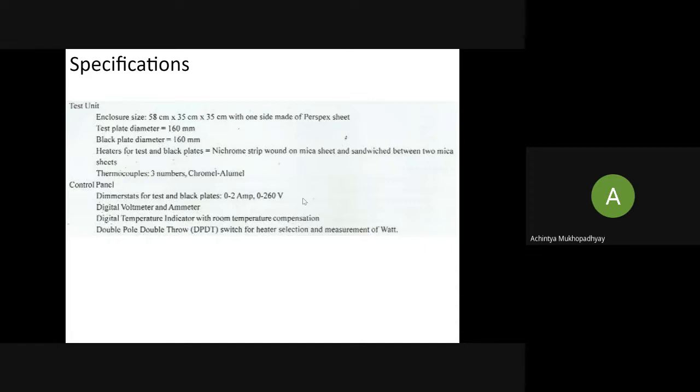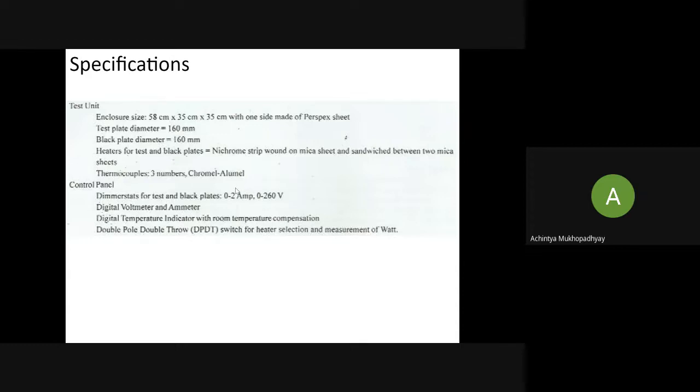Then you have iron constantan and copper constantan, and these are also known by certain alphabets. The chromel alumel, for example, is known as K type. There's K type, R type, N type. So these are different types of thermocouples. You will study about them in your instrumentation course.